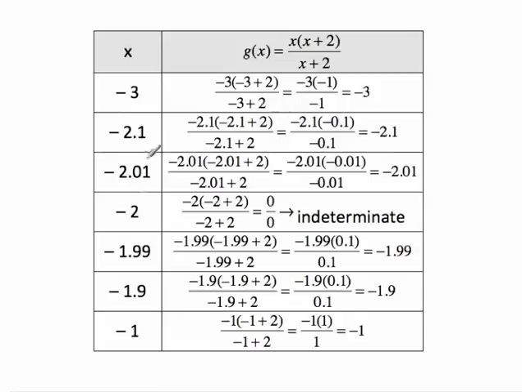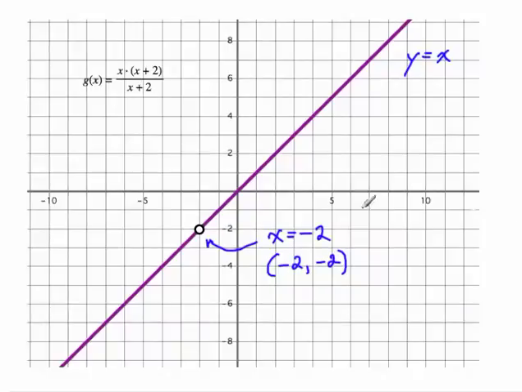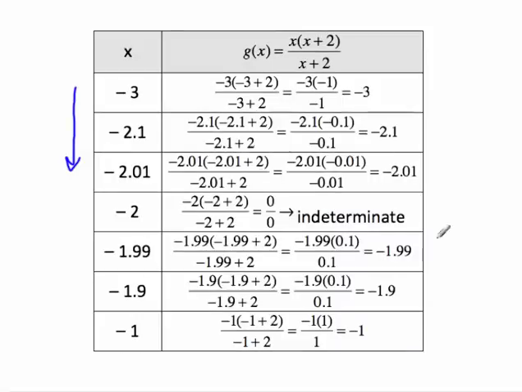Then, if we start from the left-hand side and move in towards x is equal to negative 2, on the graph we're starting here and moving in towards negative 2, what we see is that because the same factors are in the numerator and the denominator and will continue to cancel out like this, the numbers don't skyrocket as you get closer and closer to this negative 2 value as they did when we were looking at the vertical asymptote.